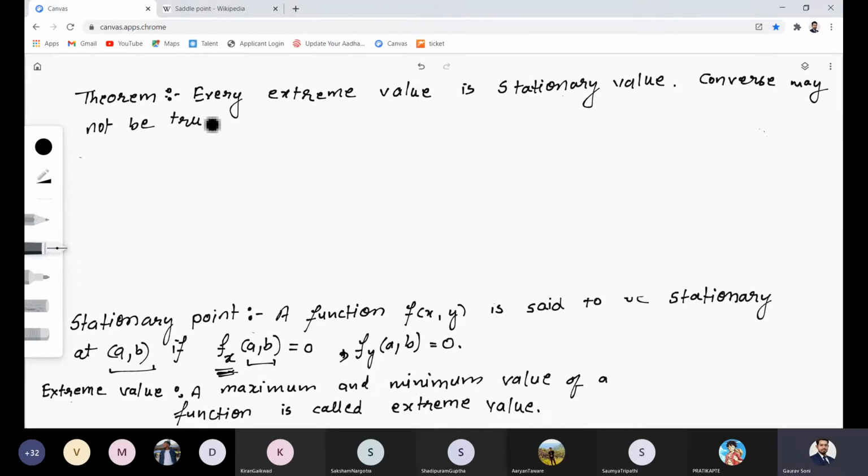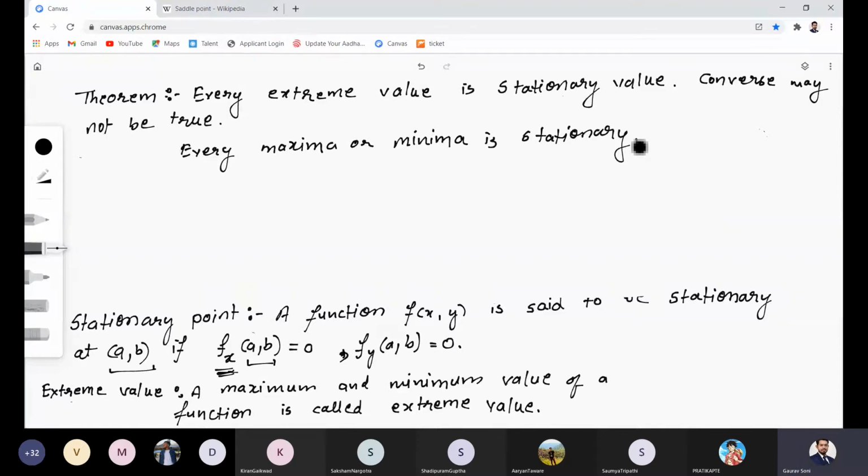So in other words, I want to state here, every maxima or minima is stationary. Simple words.